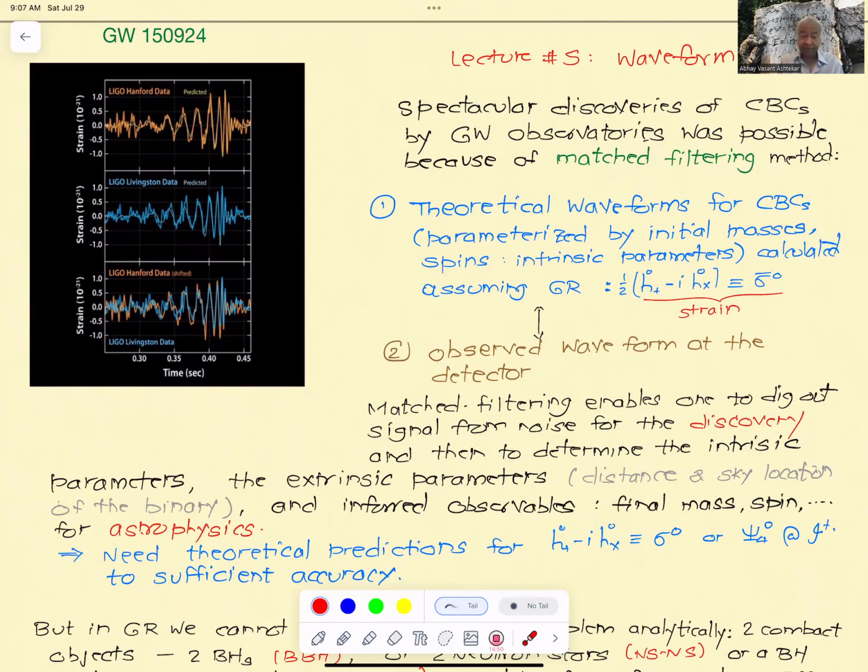These are really deduced. So the theoretical waveforms of compact binary coalescences are parameterized, as I said, by initial masses and spins, which are the intrinsic parameters of the system. You also need extrinsic parameters like how far the object is located, what direction in the sky it is located, and so on.